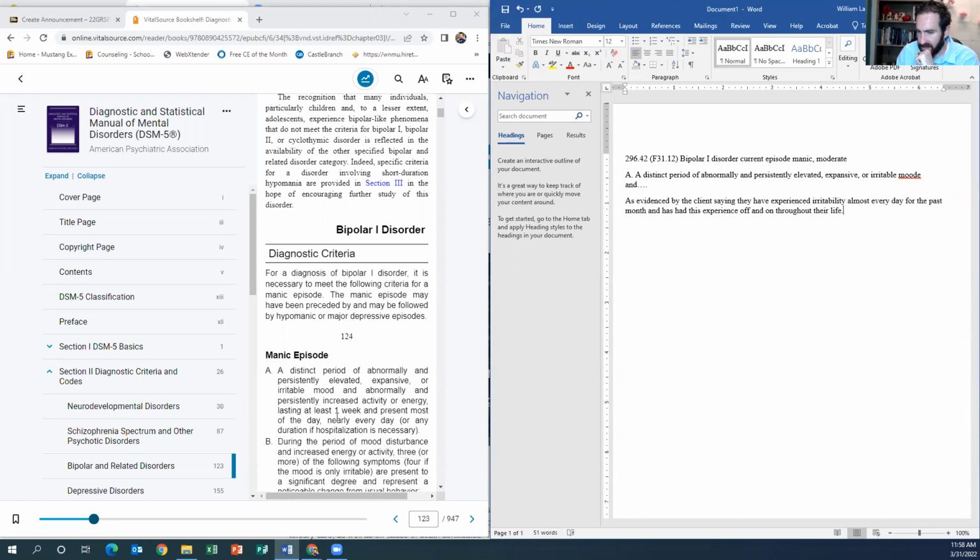Because as it says, it needs to last for a week, most of the day, nearly every day. So as evidenced by, and then yes, they fit that criterion. And that shows me that you know that they fit that criterion.